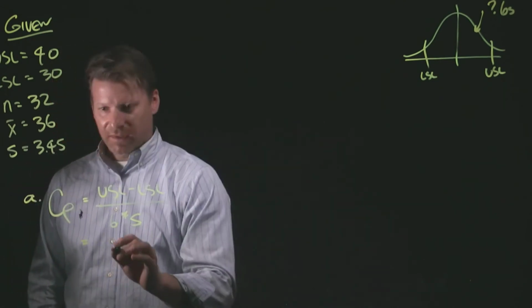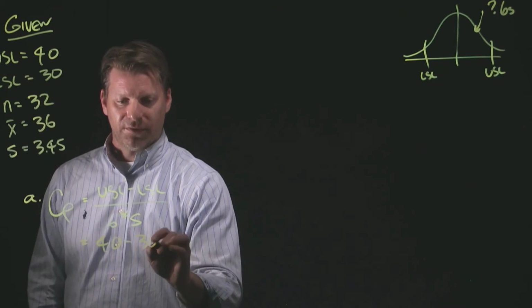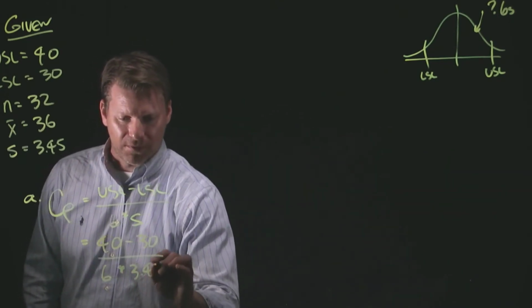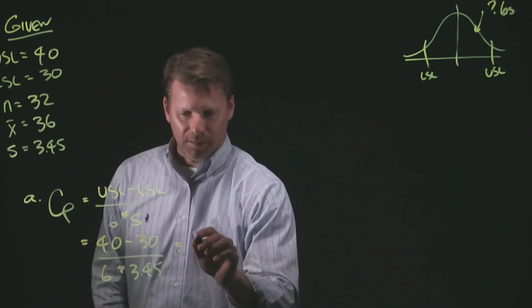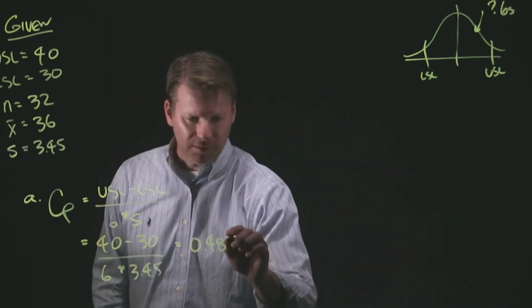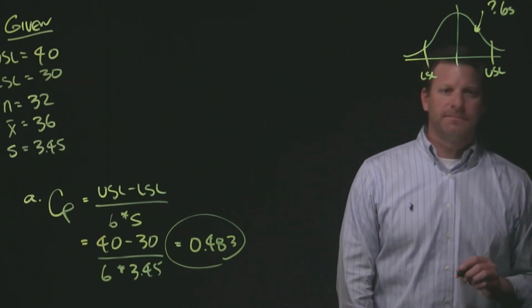So my upper specification limit of 40 minus my lower specification limit of 30, divided by 6 times 3.45. I calculate that number out and end up at 0.483. That is my overall process capability, all right?